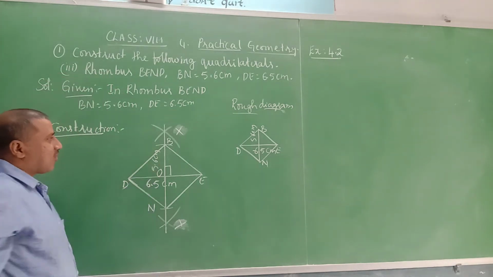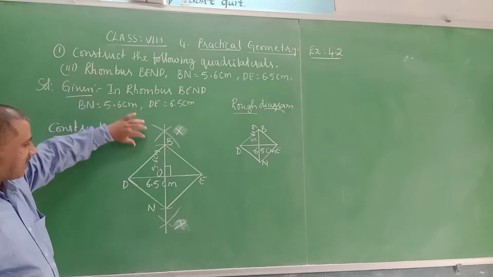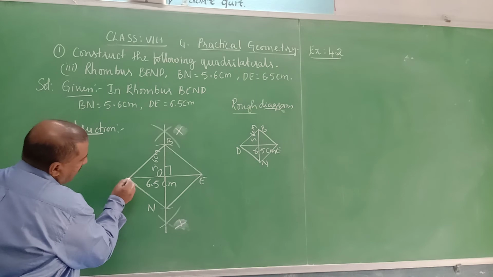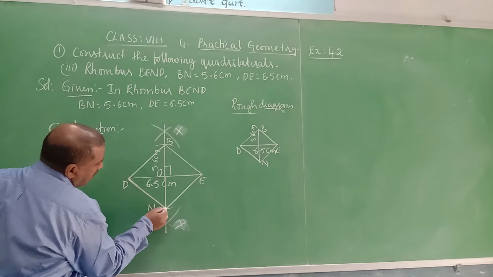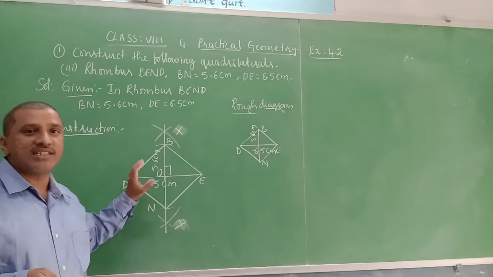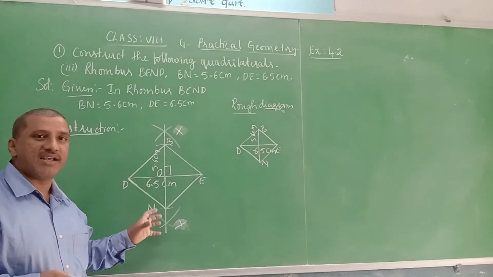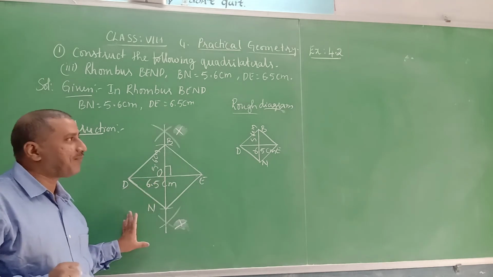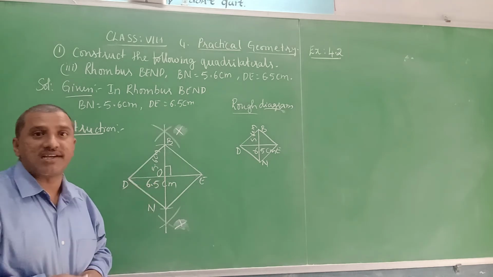So like this we draw the rhombus BEND. If you join this correctly, you will get the rhombus. Here we are using the concept of perpendicular bisector because the two diagonals are perpendicular bisectors to each other. Now we will write the steps of construction.